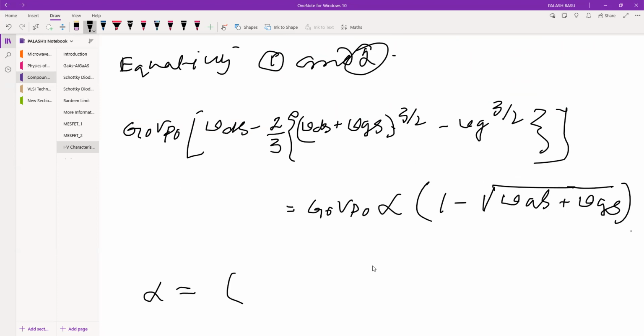So that you can find out. So this is my alpha value and it's really big.